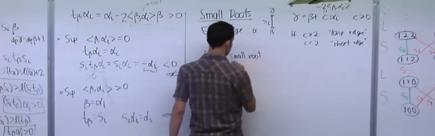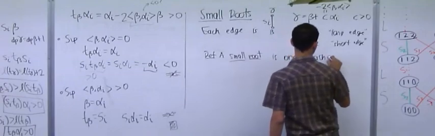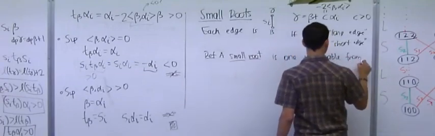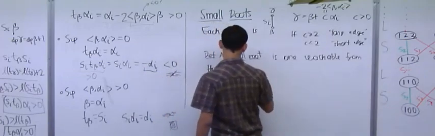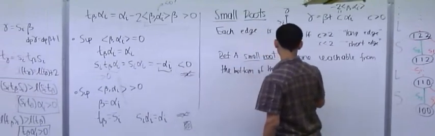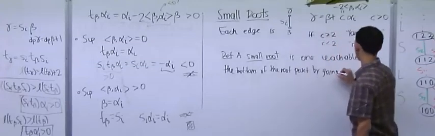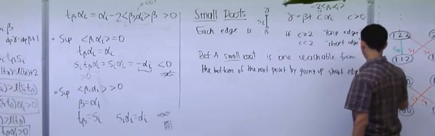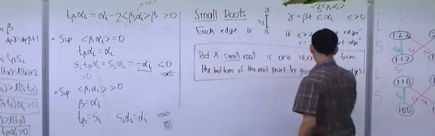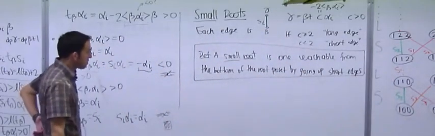A small root is one reachable from the bottom of the root poset by going up short edges only. Okay. So that's a small root.